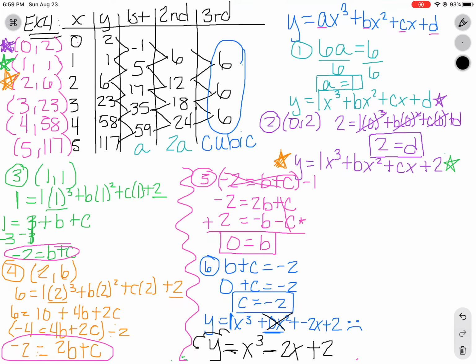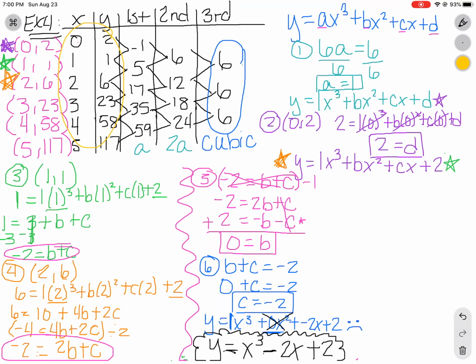So this right here is the cubic equation that satisfies the set of points that were in the table. Okay?